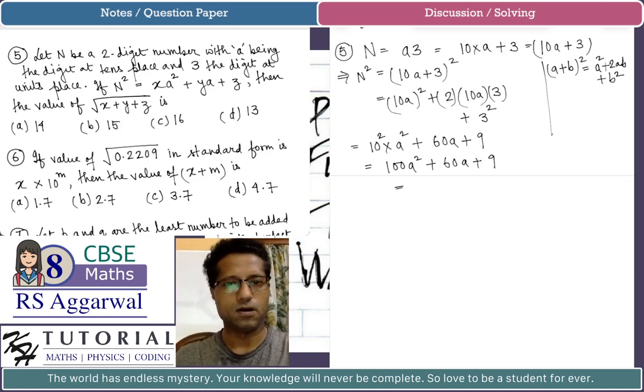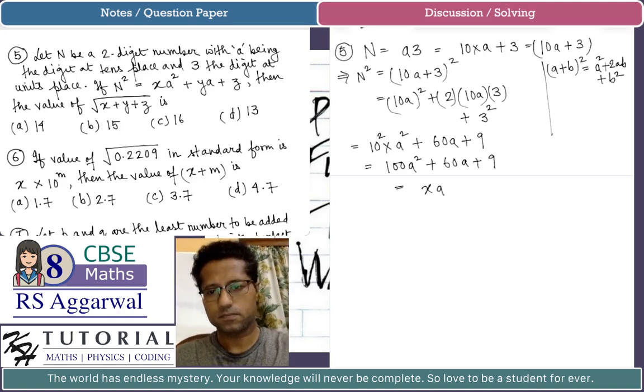Now the problem says that n square is equal to x a square plus y a plus z.